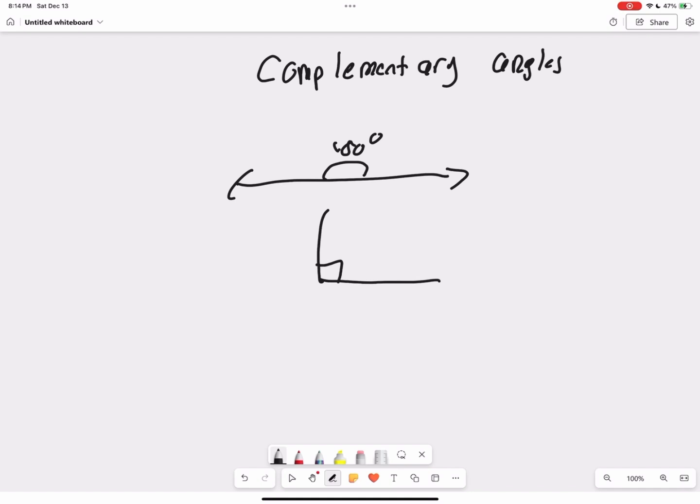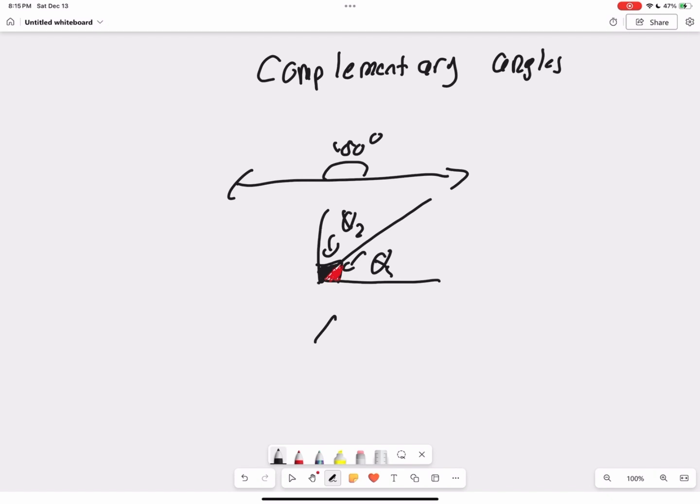So again, if we put an intersecting line like this, we get a theta 1 here and a theta 2 here. See? If we color it in. So complementary angles are two angles that add to give you 90 degrees.